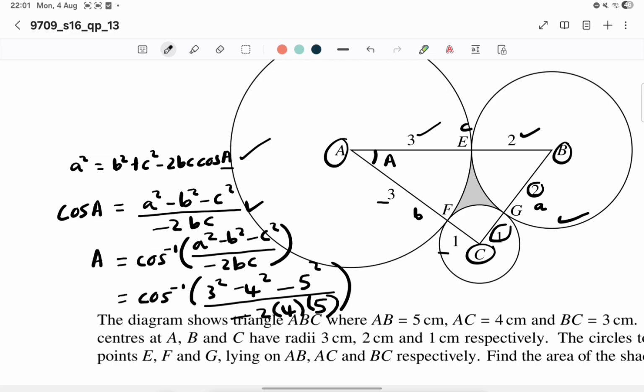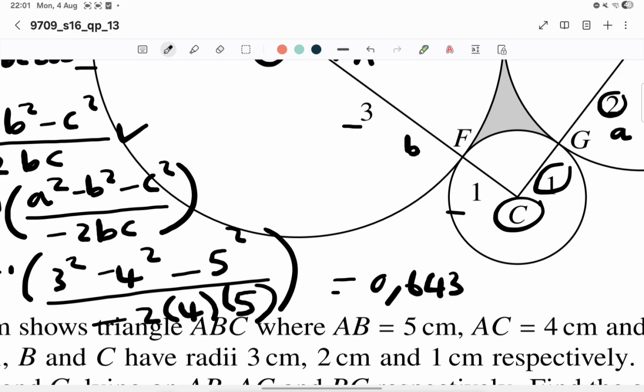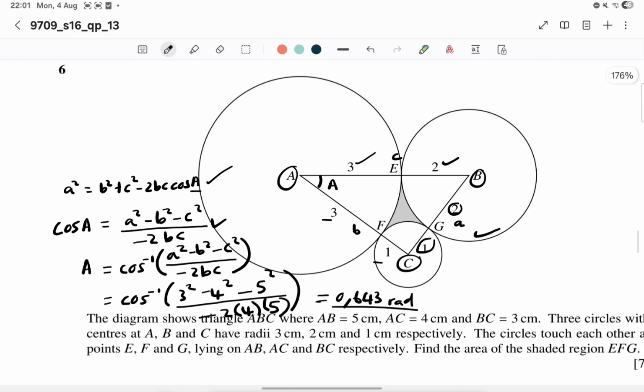If we punch this in our calculators, we get our angle at A to be 0.643 radians.